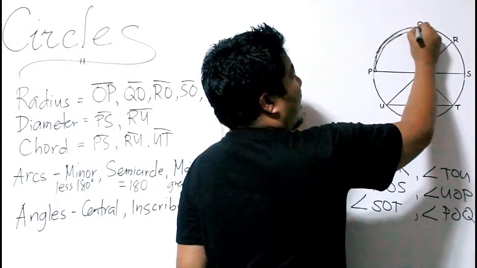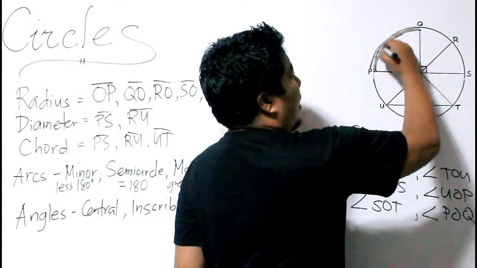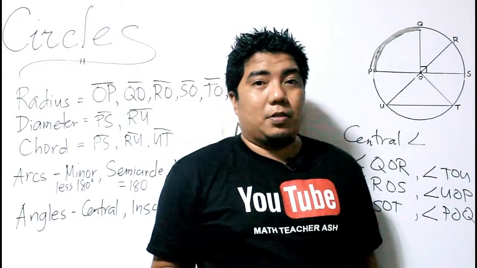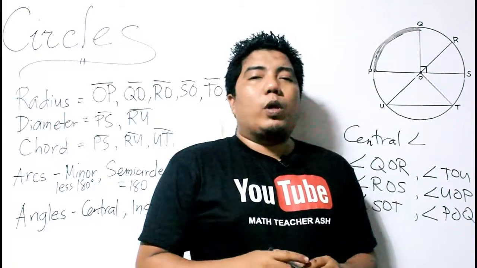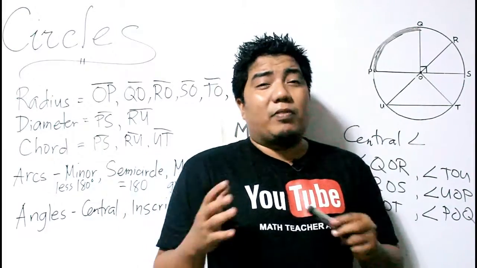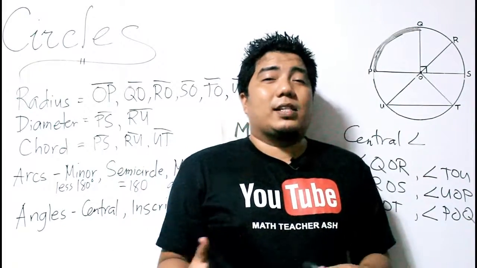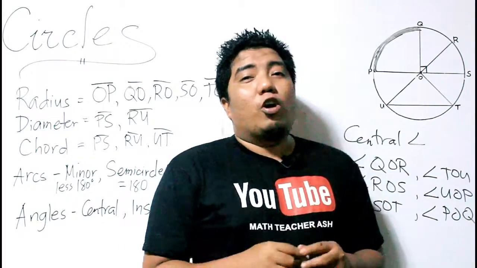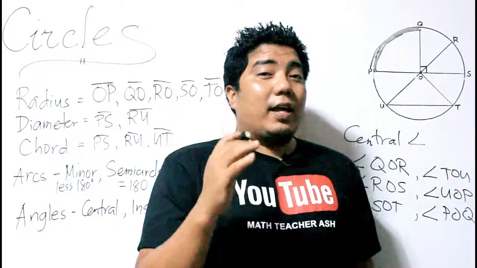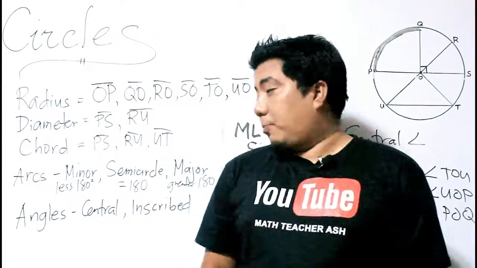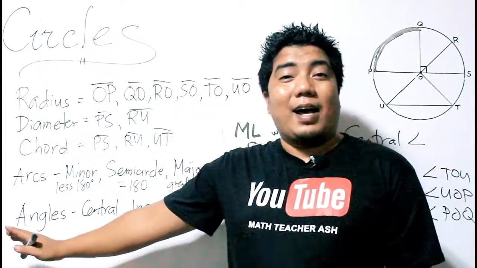This arc that is being intercepted, this is what we call intercepted arc. Okay? Now, in the next videos that we will be having, we will discuss the relationship of intercepted arcs as well as solving the measurements of those parts of the circle.